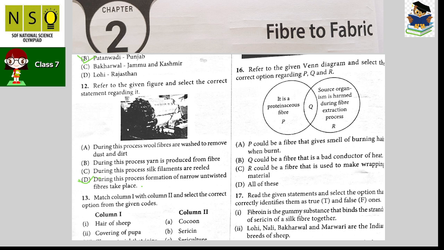Question number 16 is, again, a Venn diagram. There are P, Q and R. P is a proteinaceous fiber.